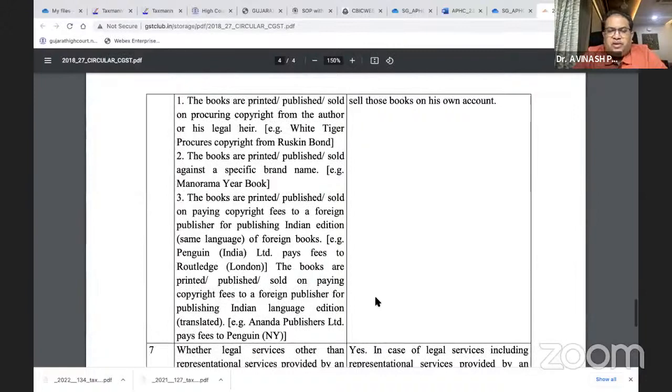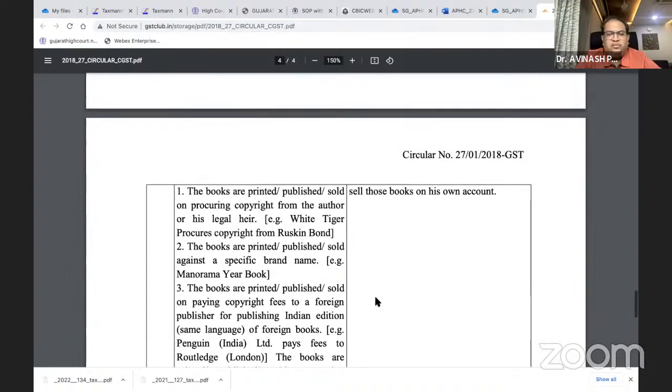The books are printed, published, sold on paying copyright fees to a foreign publisher for publishing an Indian language edition, translated. Example, Ananda Publishers Limited pays fees to Penguin, New York. So if they are paying any fees to a foreign publisher, what will be the applicability of GST?